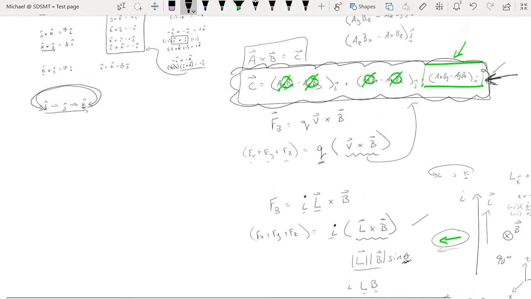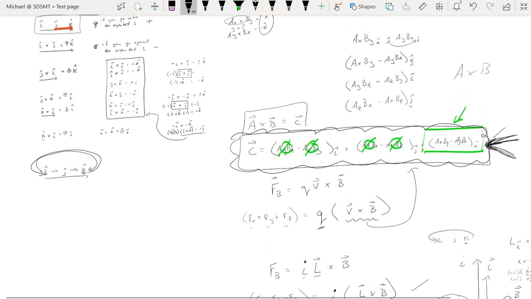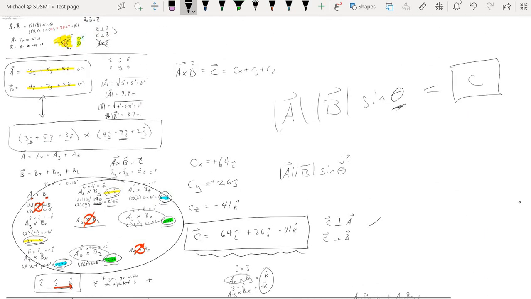It's the combination of everything that we got from this equation. So with vector C having x, y, z components, can you tell me the magnitude of vector C? And if so, can you tell me what that missing angle is?